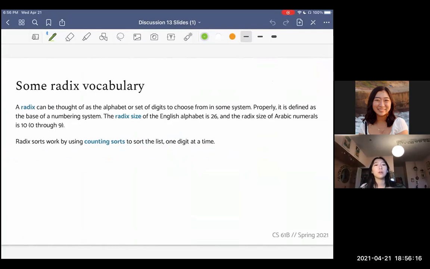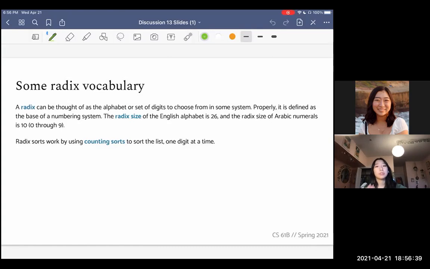So here we say, for example, the English alphabet is a radix. In the context of radix sorts, we can consider it a radix, even though it's not the base of a numbering system. And the radix size of the English alphabet is 26 for A through Z, and the radix size of Arabic numerals is 10, going 0 through 9.